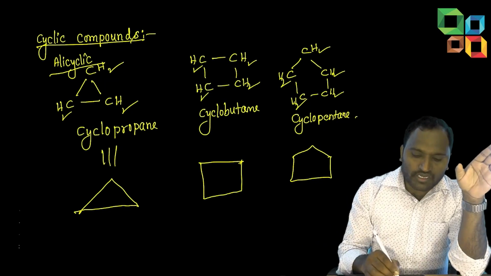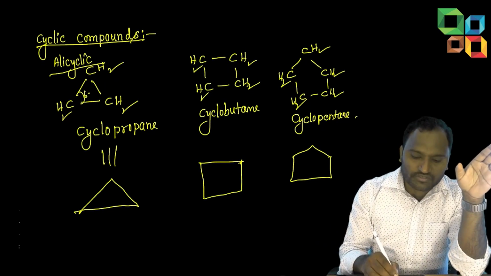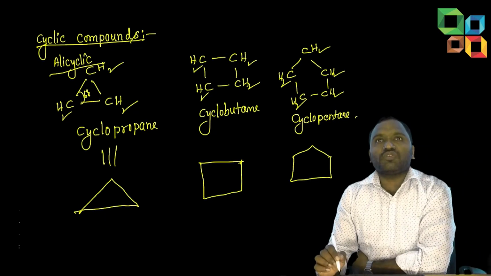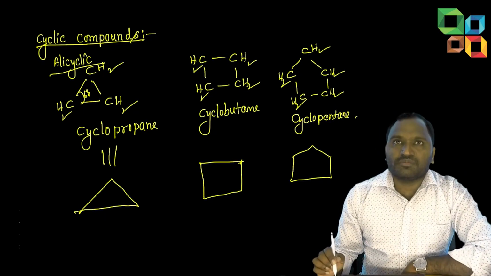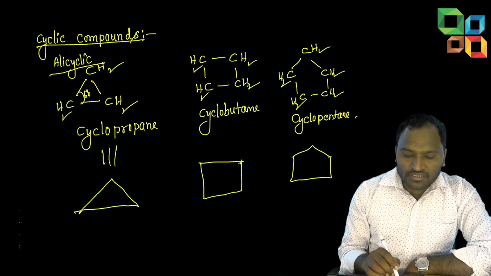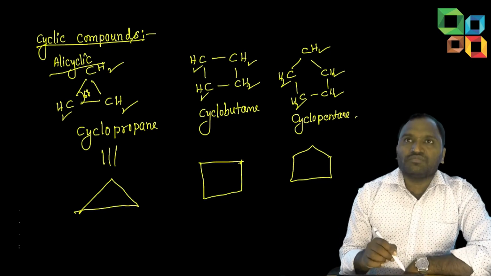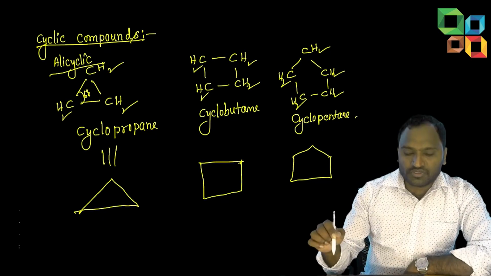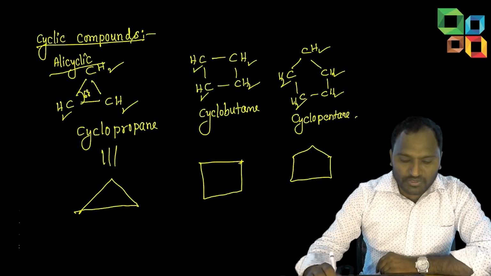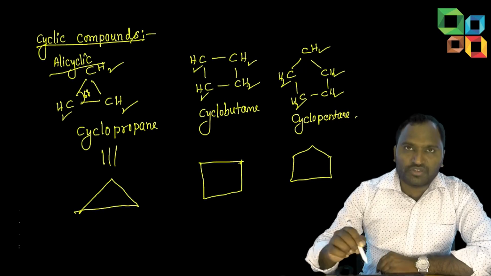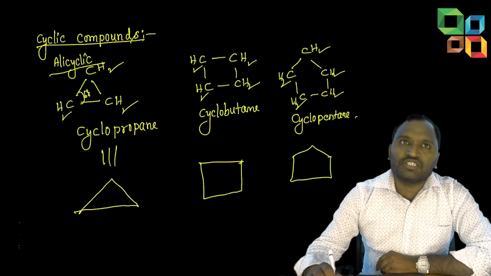But here the bond angle is only 60 degrees. If it were 120, they would be comfortable; atoms would not get much repulsion. Instead, in this triangular cyclic form, they get 60 degrees.